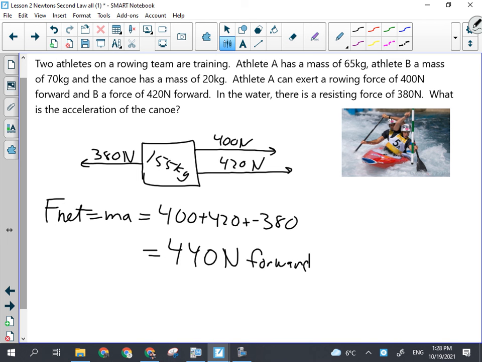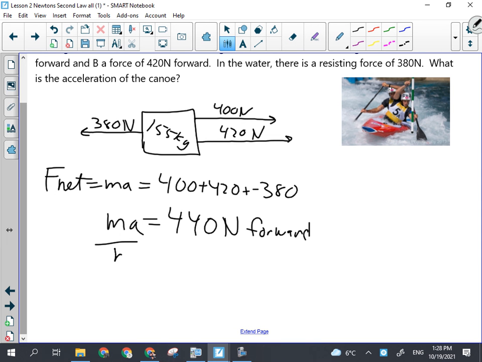All right, that number equals m times a. And so now I can calculate the acceleration by dividing both sides by the mass, which we found out was 155 kilograms.